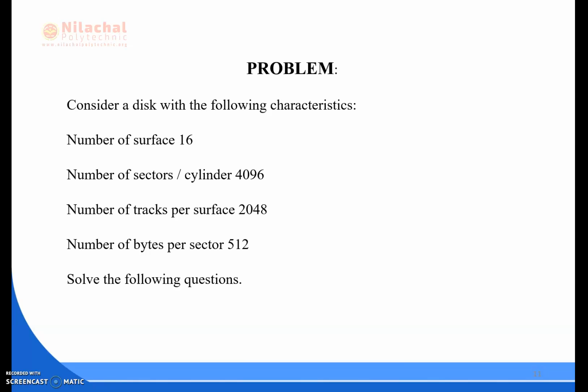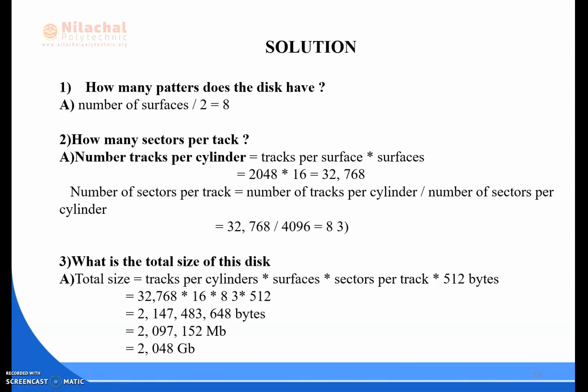So here we can see a problem where the number of surfaces given is 16, the number of sectors per cylinder is 4096, the number of tracks per surface is 2048, whereas the number of bytes per sector is 512. We have to find out the number of platters.